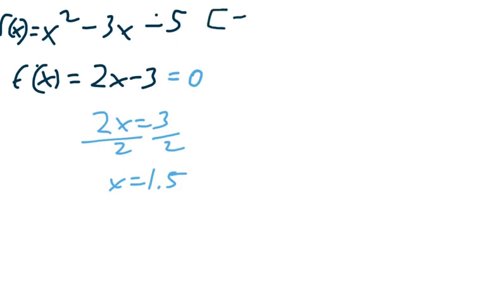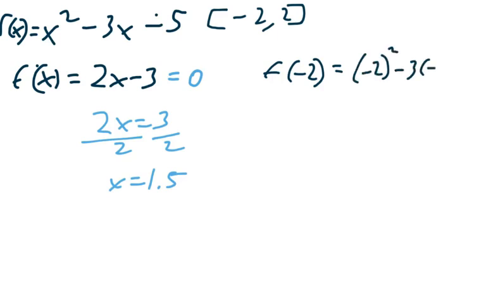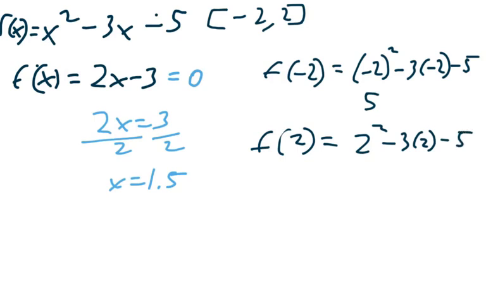The problem starts with from -2 to +2. So what I'm going to do is plug in the endpoints and the critical x value. So we got -2 squared minus 3 times -2 minus 5, which turns out to be 5. I'm going to plug in f of 2, which is 2 squared minus 3 times 2 minus 5, which is -7.